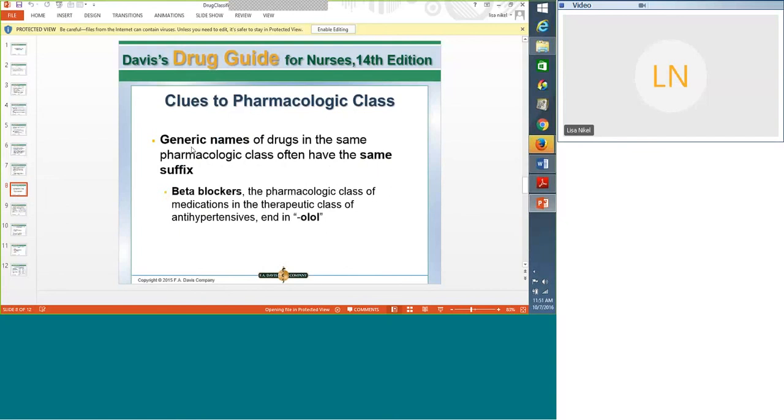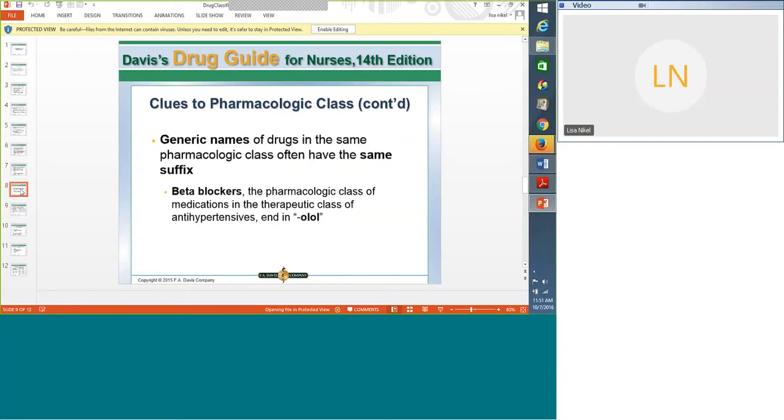We've already talked about generic names. One of the things with generic names of drugs in the same pharmacology class is they often have the same suffix. Okay, so beta blockers are a type of medication used for hypertension. So pharmacologic class of medication in the therapeutic class of antihypertensives and in OLOL.